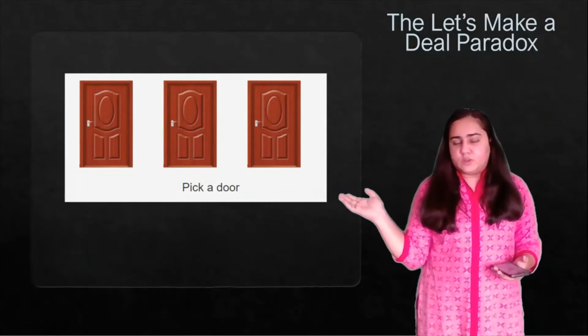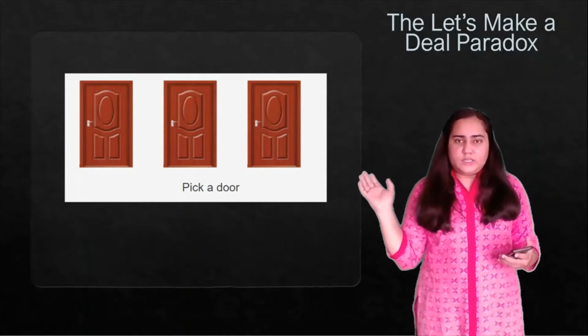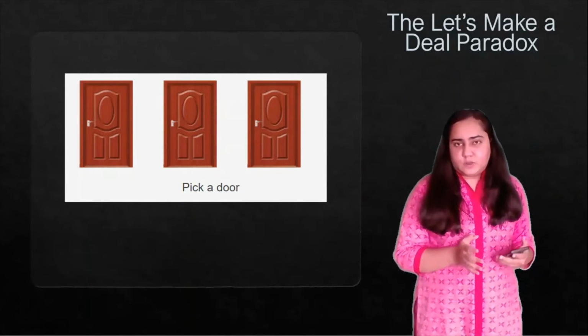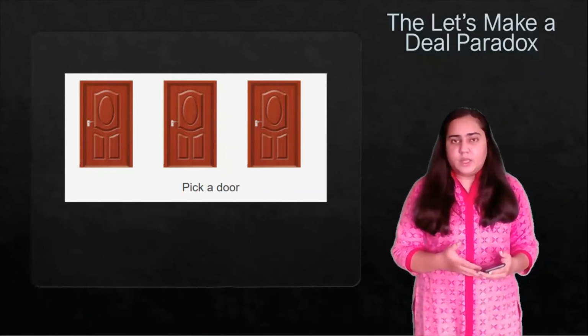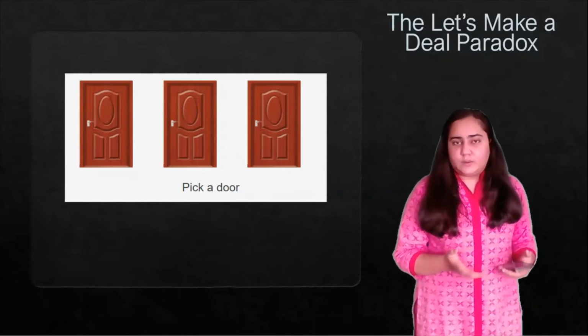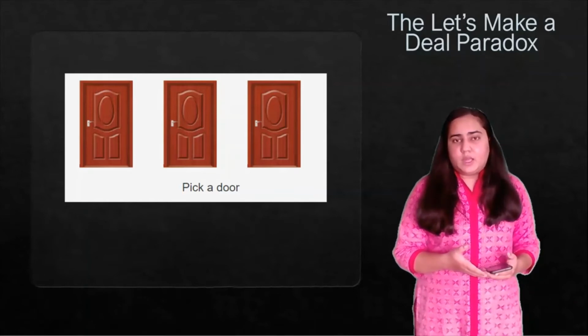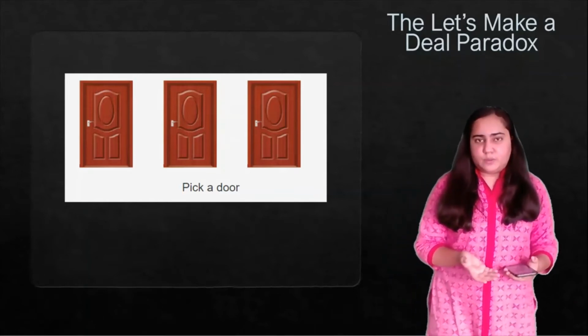You have 3 doors. This was an actual television game, so there were people playing it, and there would be a host that would be hosting the game, and he would call somebody up over on the stage. That person would go there, and the rules of the game are very simple.